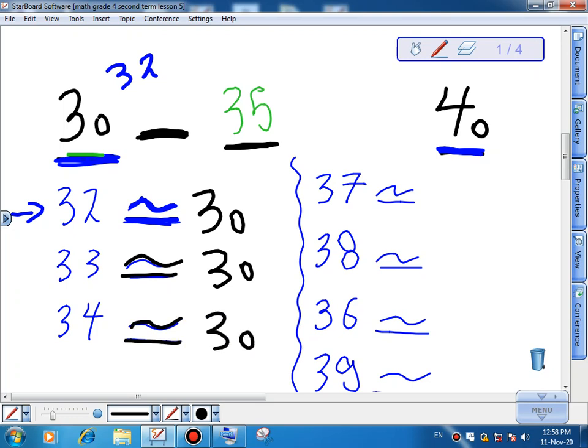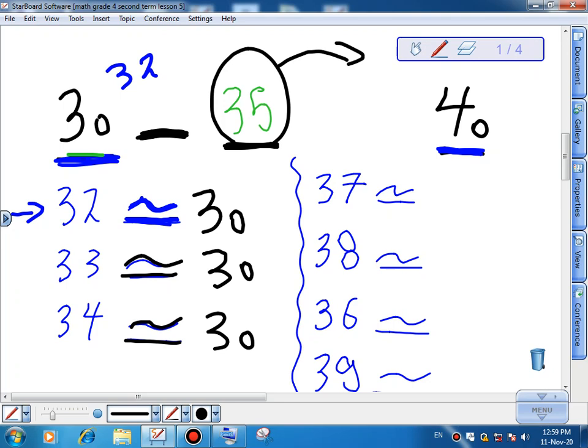But if I take the number 35, is it nearer to 40 or 30? 35 is the half of 30 and 40. It's the half of them. Okay? So we approximate to the nearest 40. 35 approximated to the nearest 10 will be 40.